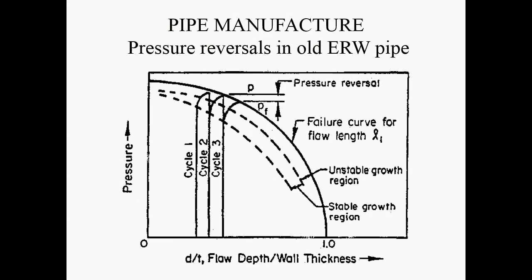So you've got your internal pressure in the pipe, and you've got the depth to wall thickness ratio, the depth of the flaw, if you've got a little crack or a little lack of fusion defect, divided by the wall thickness.